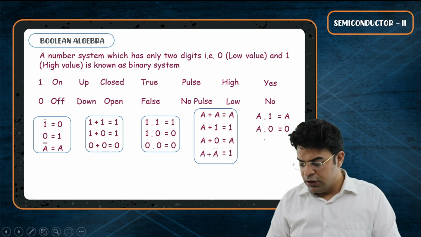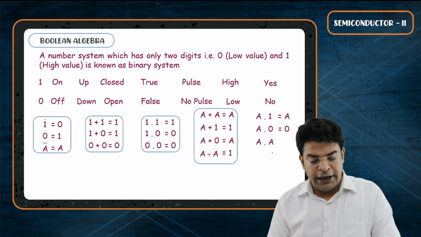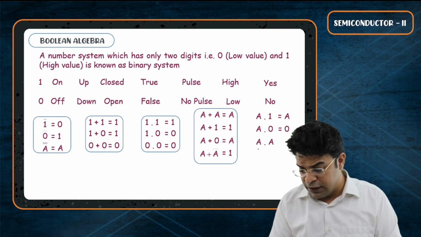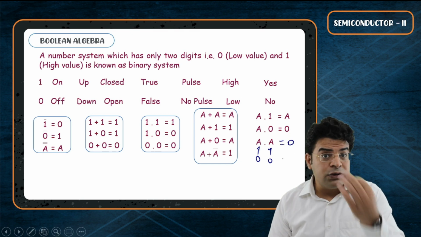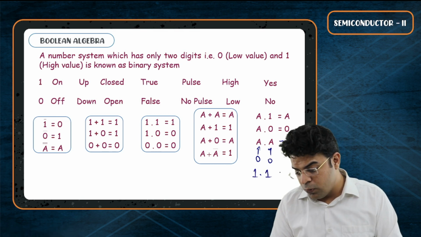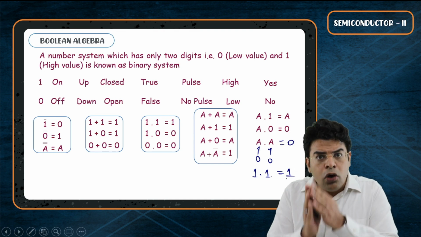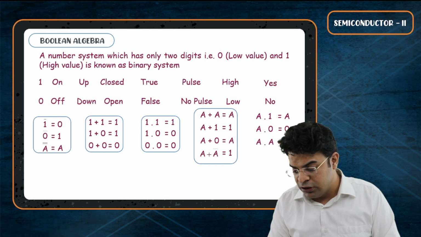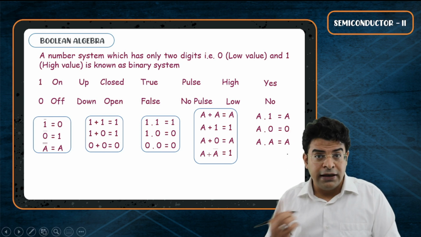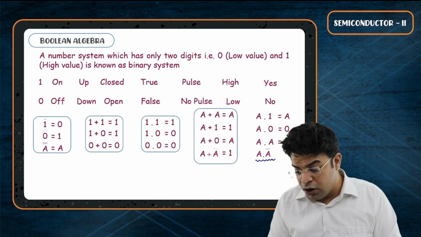Next, what will be a dot a? If you take a as 0, you get 0 dot 0, that gives you 0. If you take a as 1, then 1 dot 1, that gives you 1. So the output has the same value as a. Hence, bachon, a dot a has to be nothing but a. Next question, what is a dot a bar?